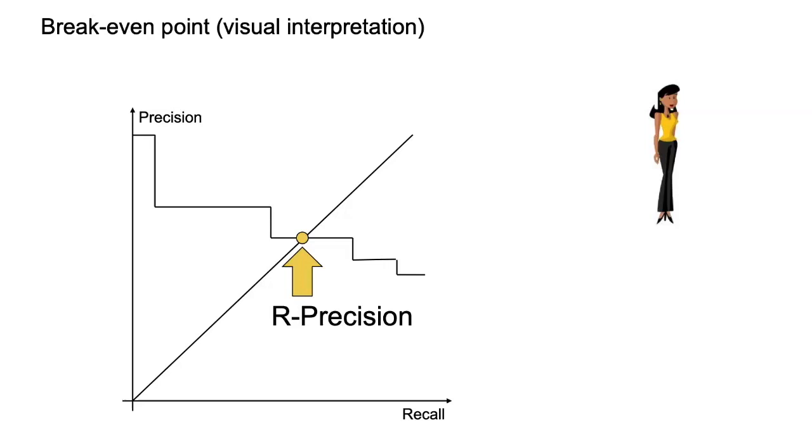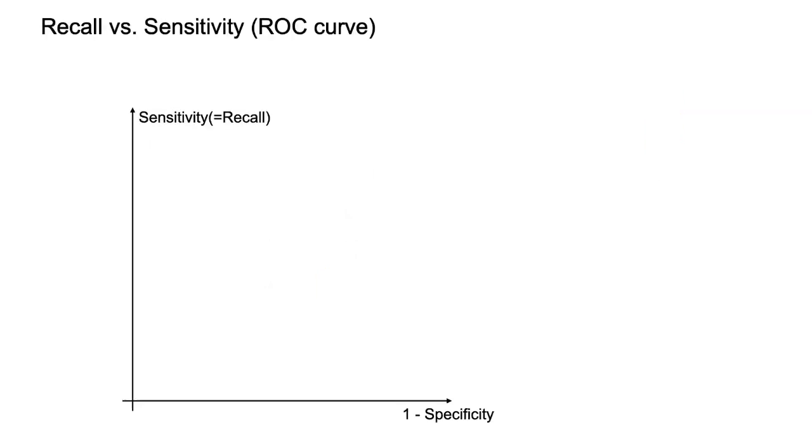That is also a good measure of your system. Do you realize that if I have a very good system where the curve is almost always high on the precision, then R will be almost equal to 1? And if I have a very bad system that immediately loses precision, then R will be equal to 0. Who sees that? Okay.